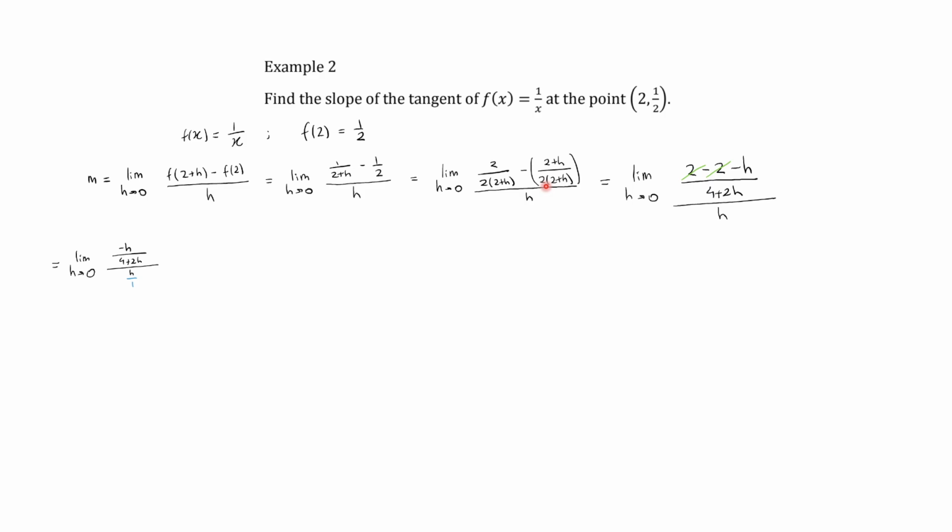Okay. And this is so that we can use the trick that we learned in the previous video. So still the limit as h approaches 0. We are going to keep the top function as is. So that's going to be negative h over 4 plus 2h. We are going to change that division, which is represented by the fraction, to multiplication.